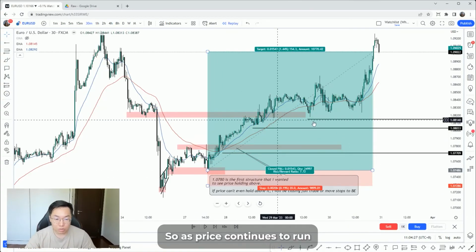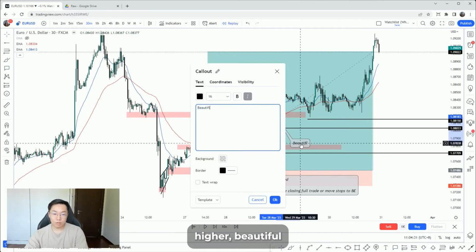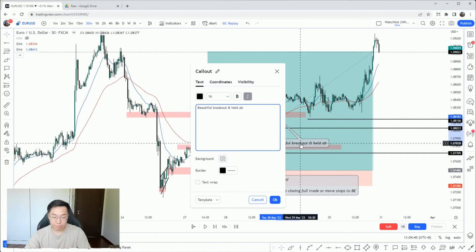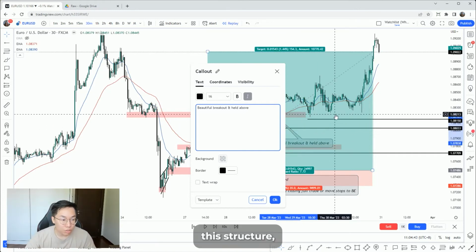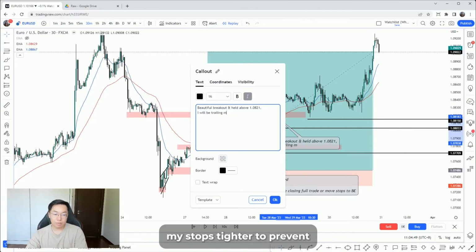As price continues to run higher, beautiful breakout, and it held above the structure, which is 1.0821. I'll be trailing my stops tighter to prevent price from coming all the way back.